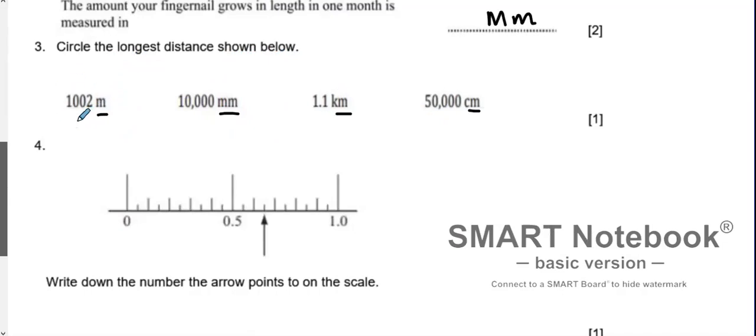So converting everything into millimeters, 1 meter equals to King Henry Daughter Mary. We have to find out in 1 meter how many millimeters there are.